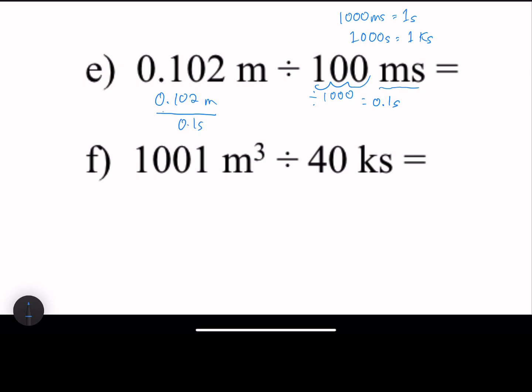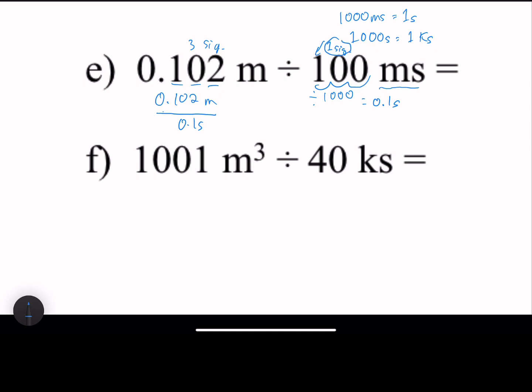Now, that being said, when we do this and we go 0.102 meters divided by 0.1 seconds, the final amount of significant digits that we have here, this one has 1 significant digit, and this one has 3 significant digits. So we want an answer that has the lowest form, which is 1.